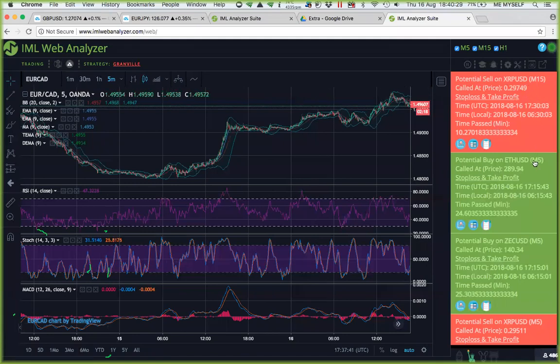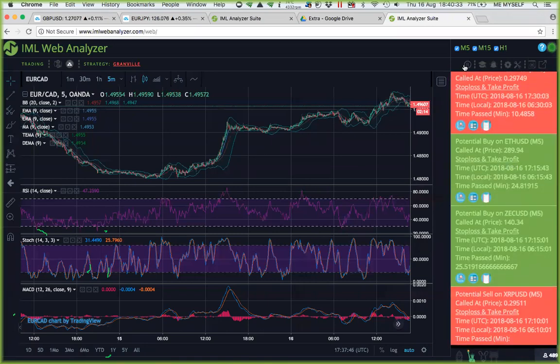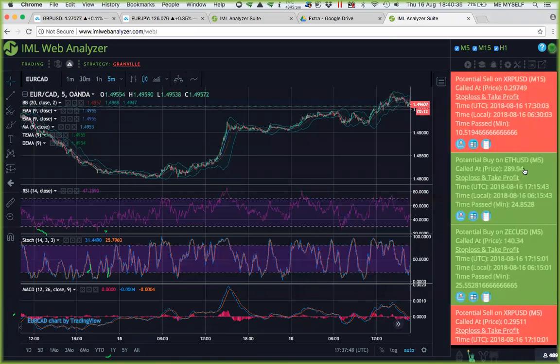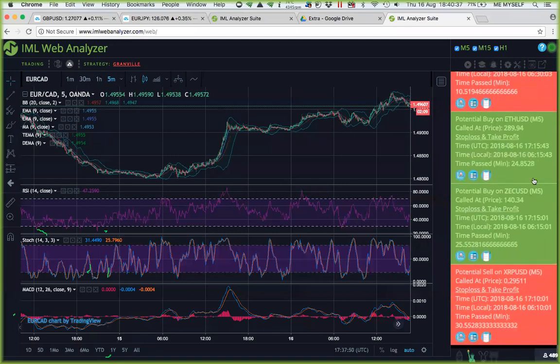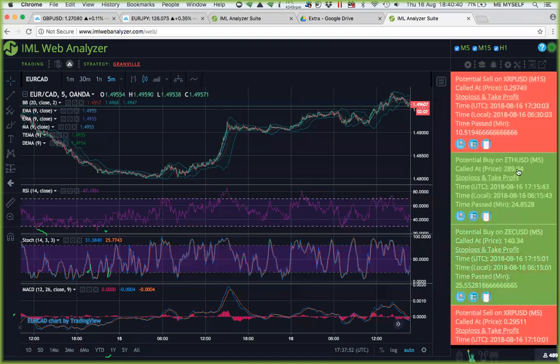So these are cryptocurrencies here. We've got Ripple, Ethereum, ZEC, again Ripple. The crypto analyzer comes free with the web analyzer, so take advantage of that.